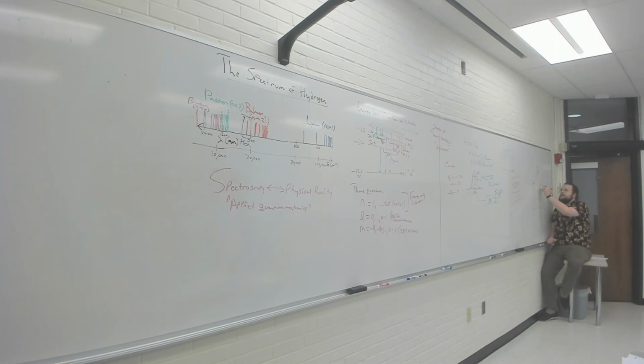We know that L squared times the wave function of hydrogen gives us h bar squared l(l+1). And if we take the spin squared of the electron, it's also h bar squared s(s+1), where s is 1/2. Because the electron has a non-zero spin at all times, the magnitude of the spin of the electron is going to be h bar squared times 1/2 times 3/2, which is 3/4 h bar squared.